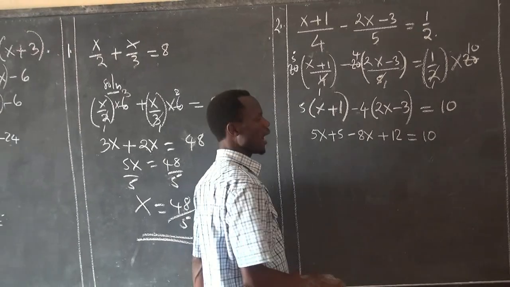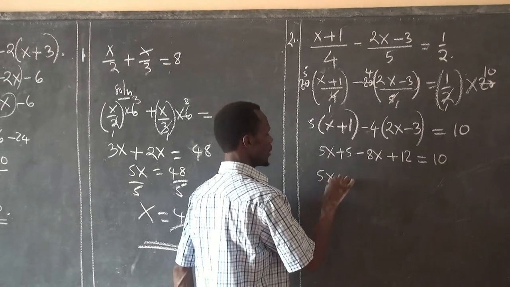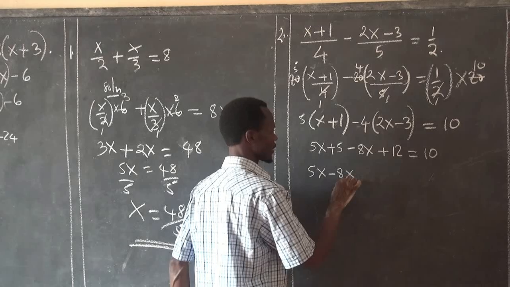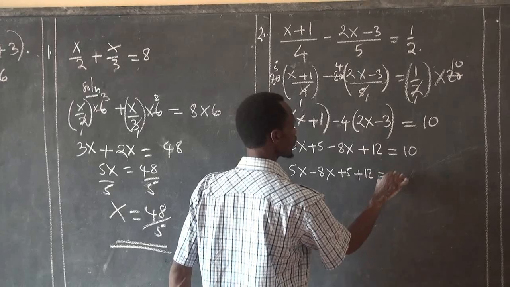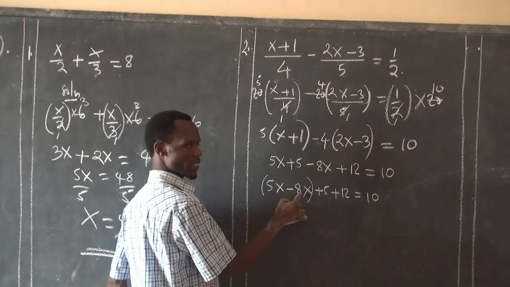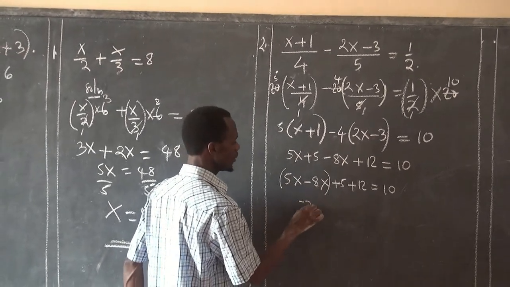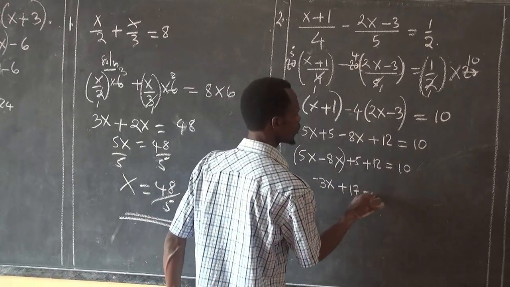Now we collect the like terms. We have 5x minus 8x, which is negative 3x, and positive 5 plus 12 is 17, so negative 3x plus 17 is equal to 10.